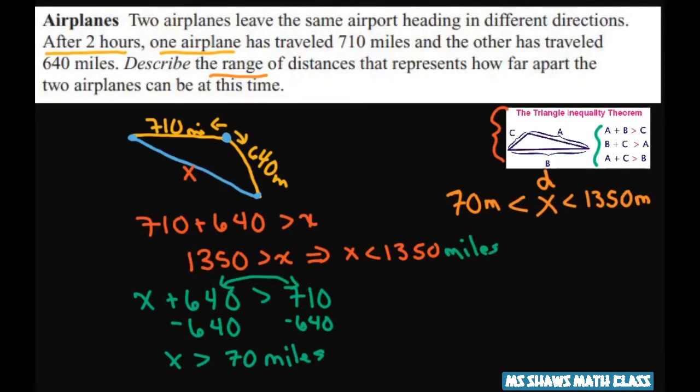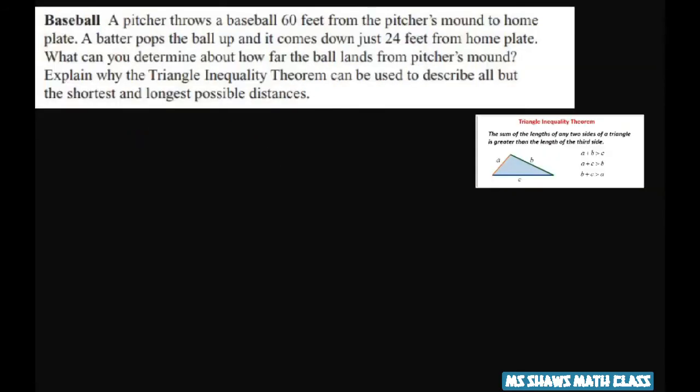All right, and the second problem is very similar. Let's read it. A pitcher throws a baseball 60 feet from the pitcher's mound to home plate. A batter pops the ball up and it comes down just 24 feet from home plate.